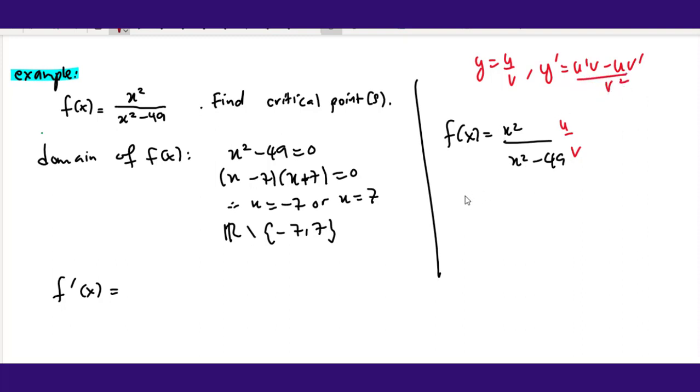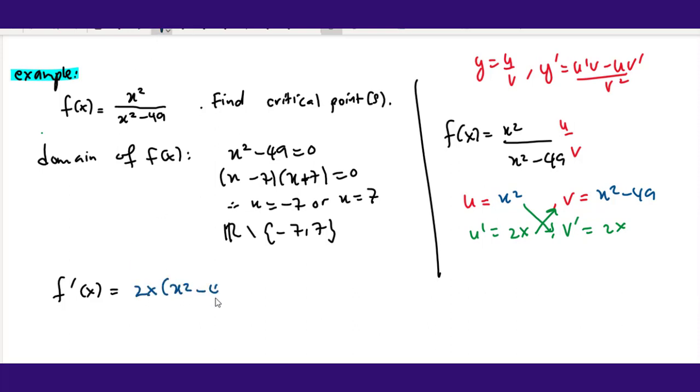Here u is equal to x squared, v is equal to x squared minus 49, u prime is equal to 2x, and v prime is equal to 2x. Then f prime of x is 2x times x squared minus 49, minus x squared times 2x, over x squared minus 49 squared.